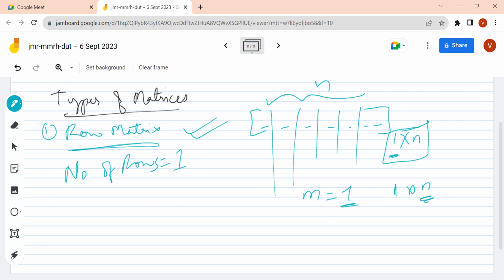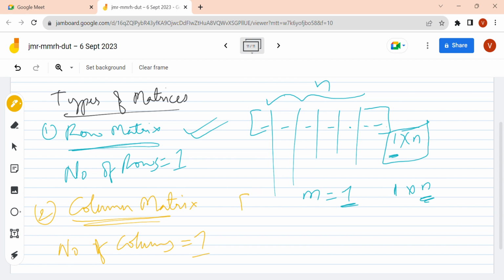Similarly, you have your column matrix also. I hope it's visible and audible clearly. In the column matrix, the number of columns is equal to 1.